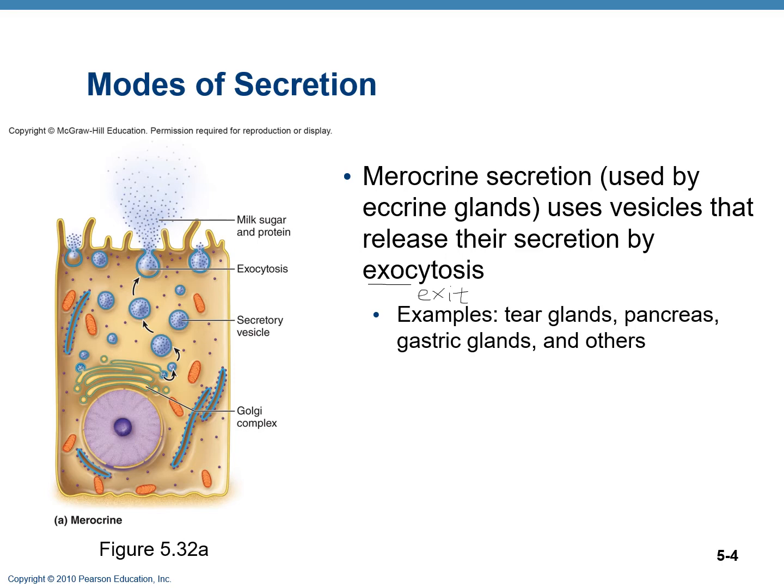This is a form of active transport in which you have vesicles, which are essentially little bubbles of membrane, which will fuse with the cell membrane and then release their products outside of the cell. So an example of this would be tear glands, the pancreas in terms of its exocrine functionality for digestive juices, and gastric glands.